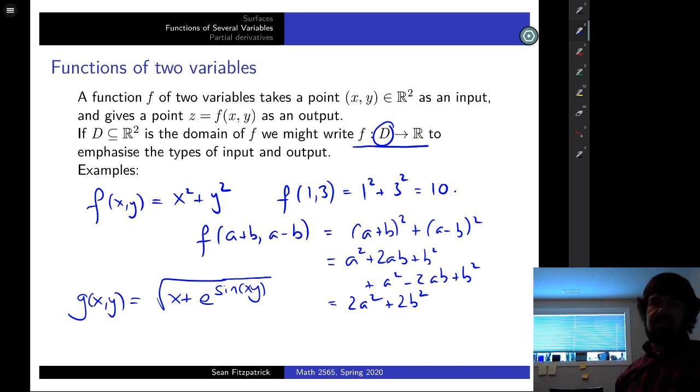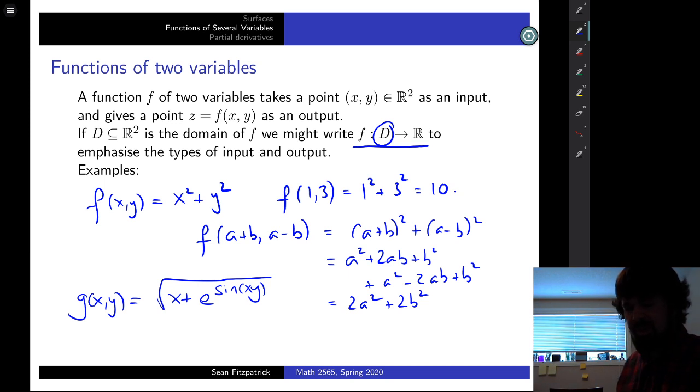And there's no real reason that you have to stop at two variables. You can go to 3 or 4 or however many variables you want to use. The main reason why we stick to two variables starting out is we can still visualize graphs for functions of two variables, right? Once you get to a function of 3 variables, the graph would be something that lives in 4 dimensions. And drawing things in 4 dimensions is hard, right?